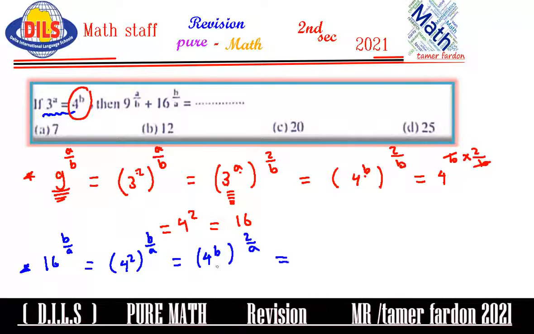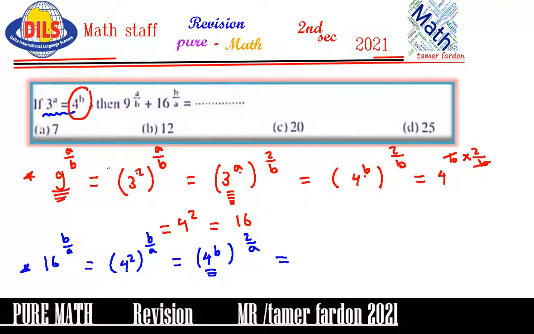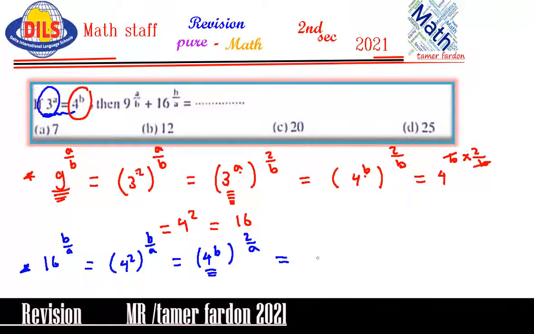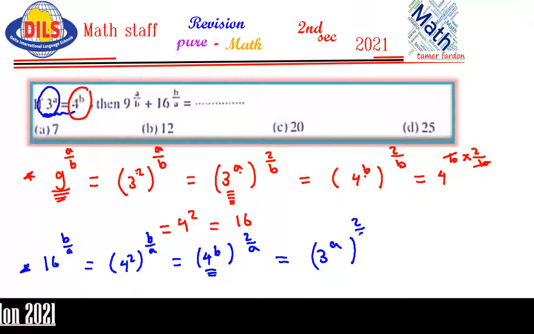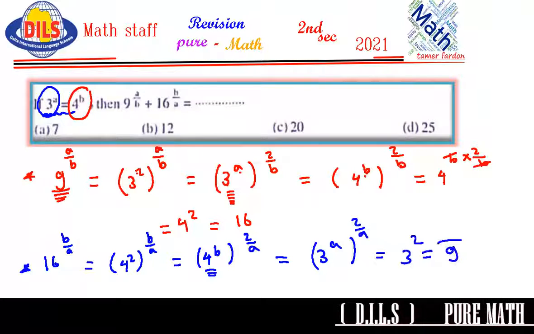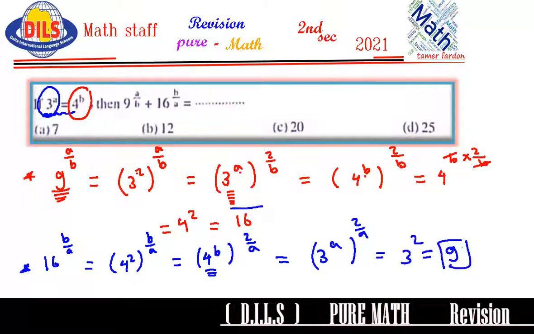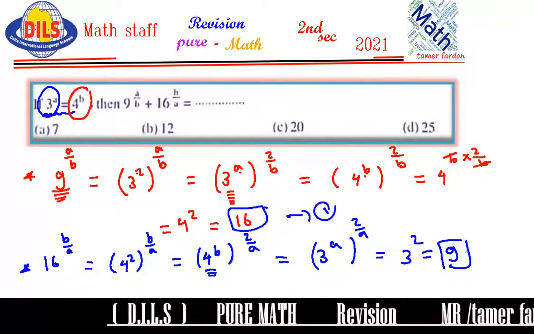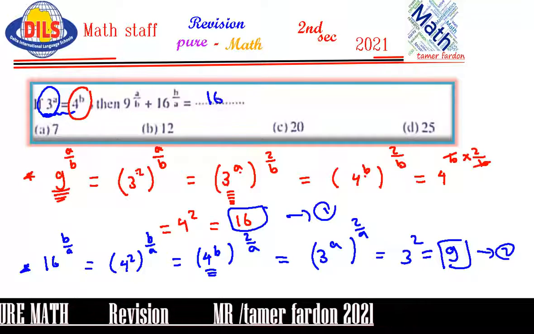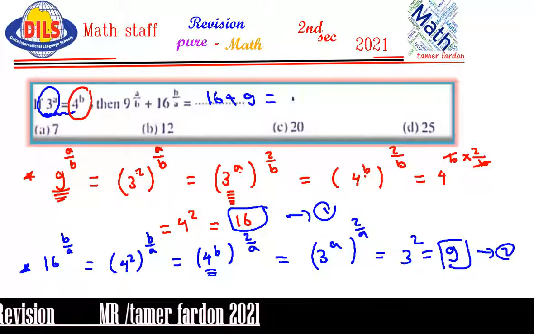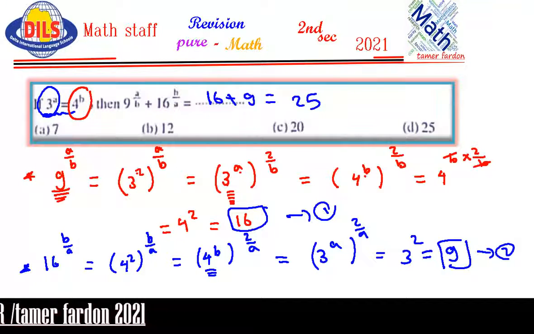Change 4 power b by 3 power a, we get 3 power a all power 2 over a. Multiply the powers to get 3 power 2, which equals 9. From 1 and 2 we get the value equals 16 plus 9, which equals 25.